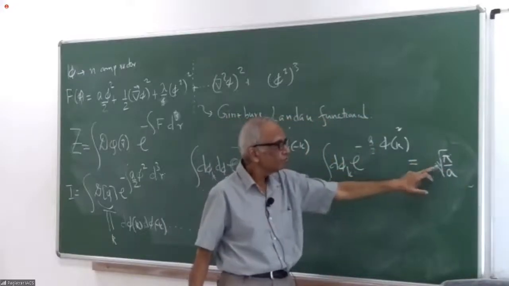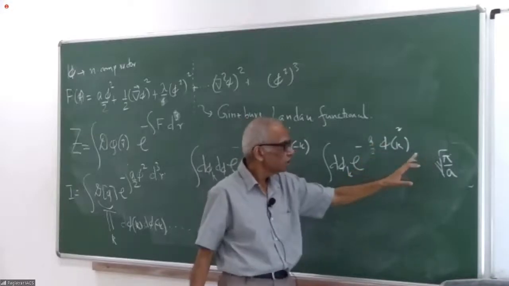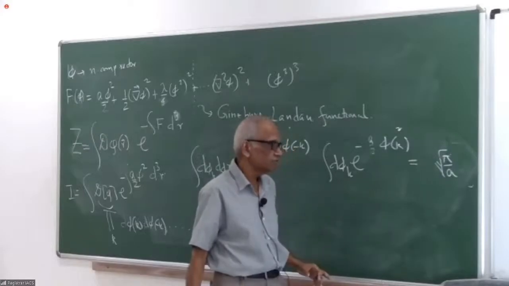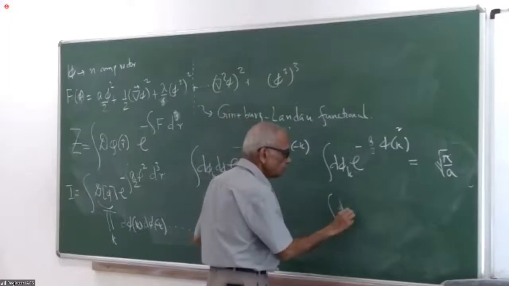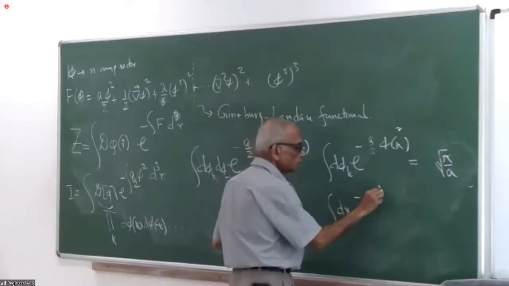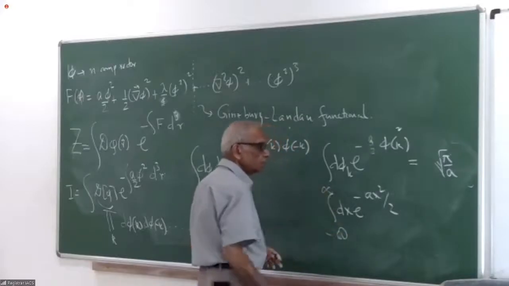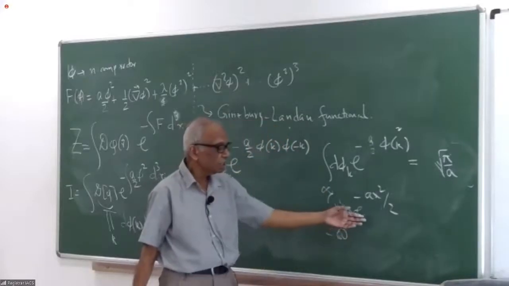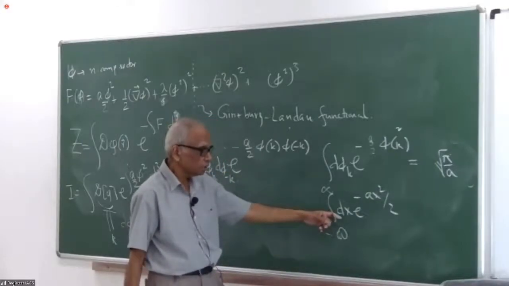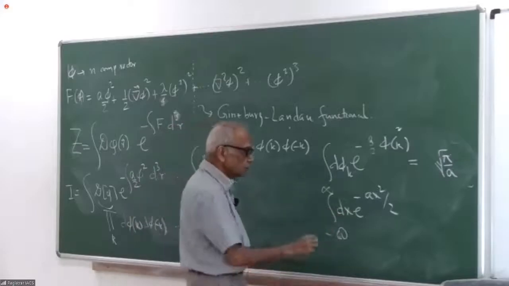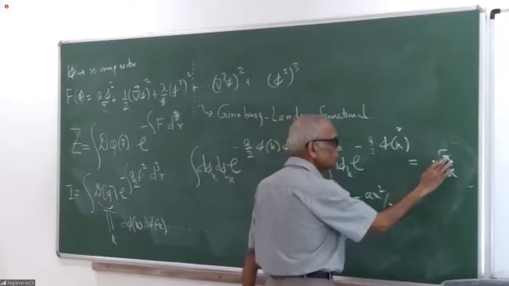So square root of pi over a, I hope the factor of 2 over here ensures that there is no extra factor coming from here. So you can check, it is just a Gaussian integral dx e to the power minus a x squared over 2 going from minus infinity to plus infinity. So that's my gamma function. So it is a over 2 square root, so square root of 2 over a.